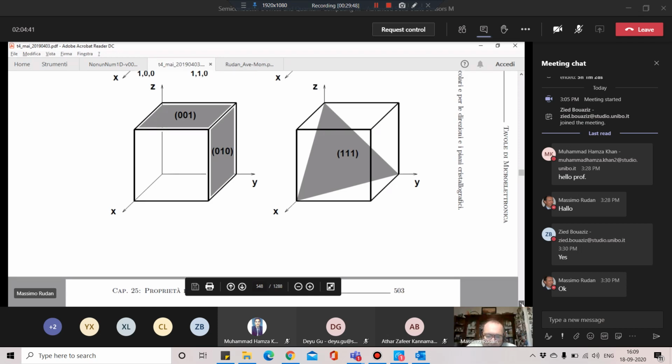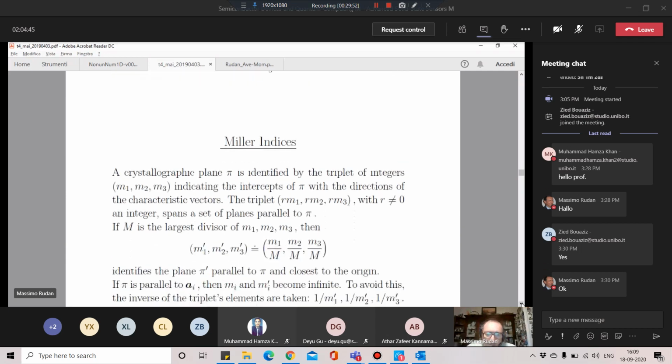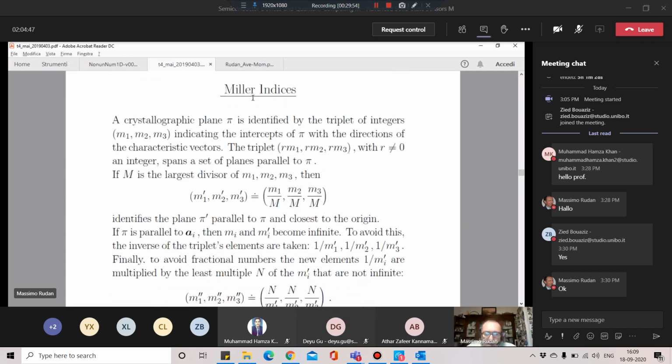So there is a formal construction that eventually leads to a triplet of integers that are called the Miller indices of the crystal plane.